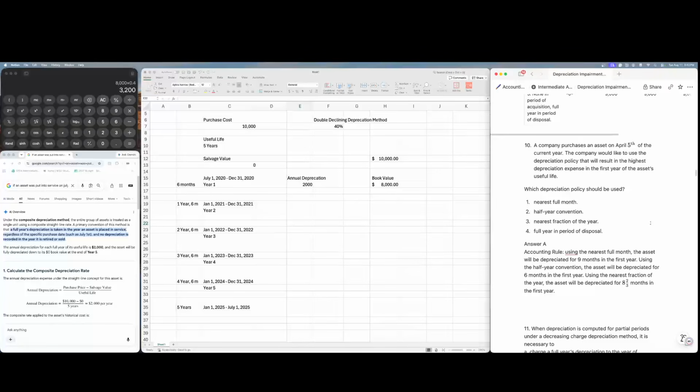At that point, you might be able to say, instead of using the nearest fraction, use the half year convention. That's really the difference of 2 weeks, so you wouldn't see that big of a difference using the nearest fraction of either anyways.